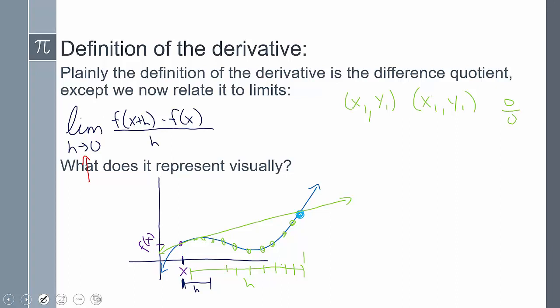Algebraically it looks different because I have this h being added as a distance, but essentially that h is just 0. And so that is how we're able to manipulate the situation a little bit so that I can find the instantaneous rate of change. We're just saying that the h distance is going to be 0.